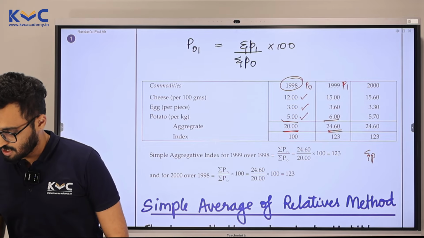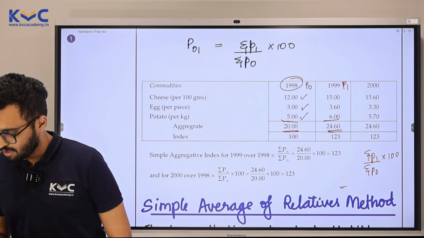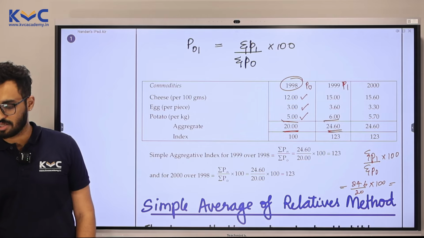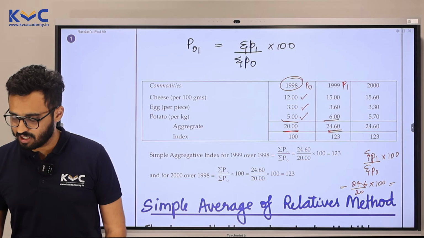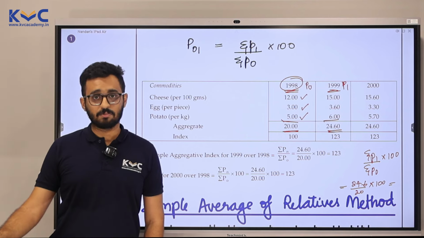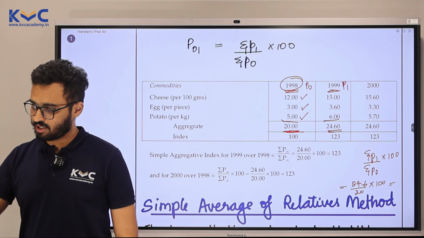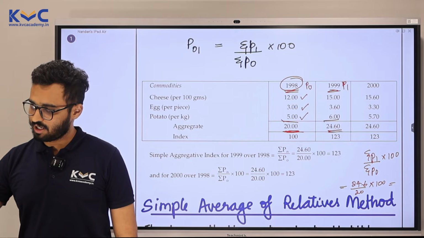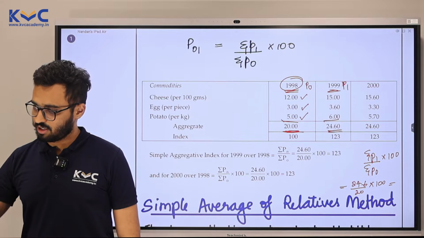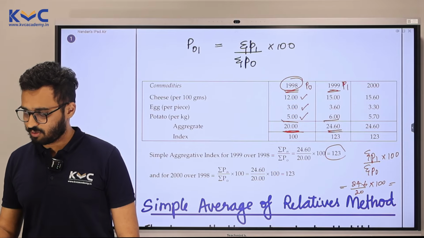So summation P1 divided by summation P0 into 100, which will be 24.6 divided by 20 into 100. Are you understanding this? 24.6 is the aggregate of 1999, divided by the base year total, 20, into 100. You get 123 as the price index.